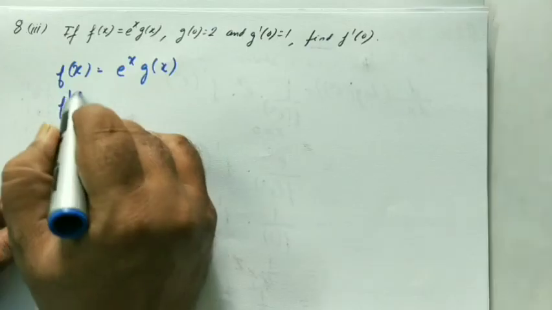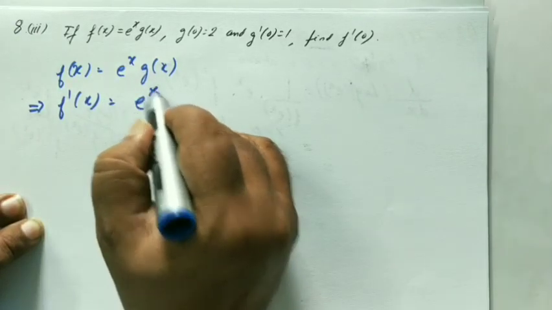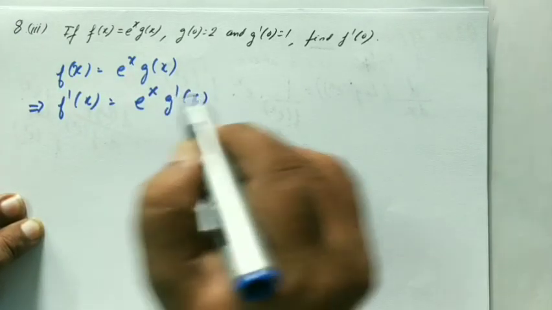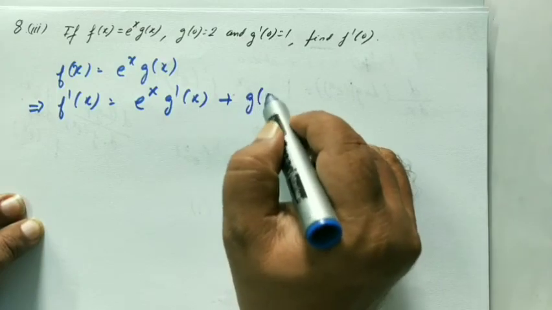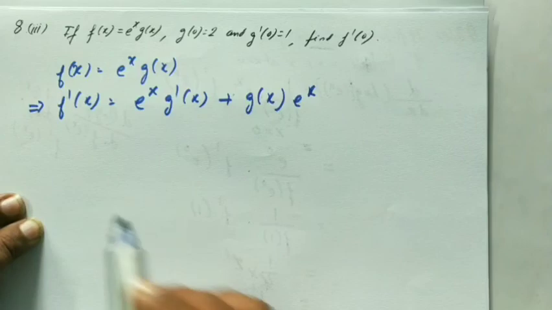f dash x is equal to, I am going to use the product rule, plus differentiation of e to the power x is e to the power x.